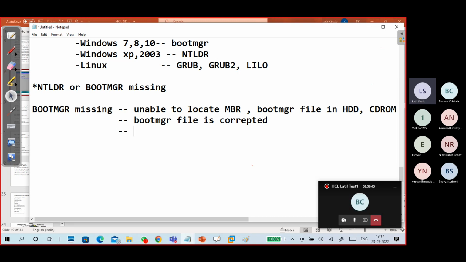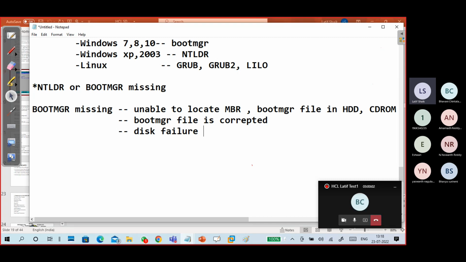Okay, next. It can be a disk failure. Possible, your hard disk has failed. The hard disk is not working, so obviously boot MGR is unable to be located. It shows boot MGR missing.